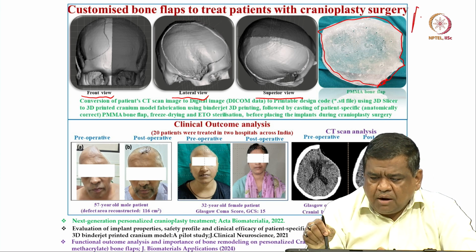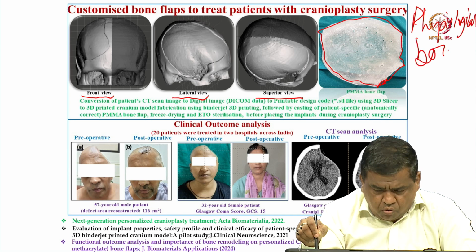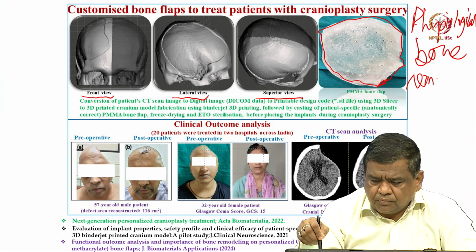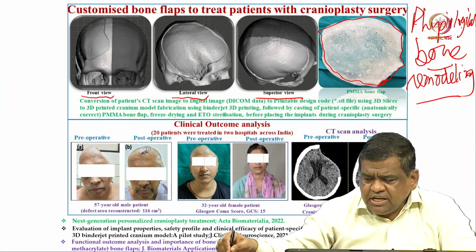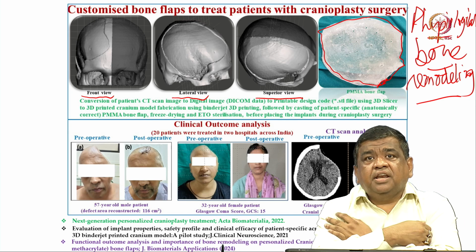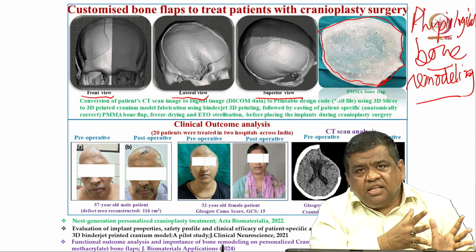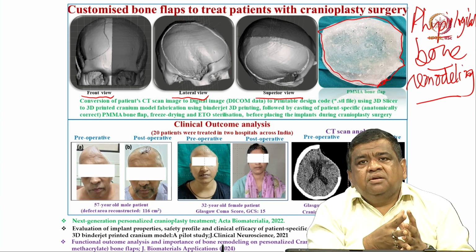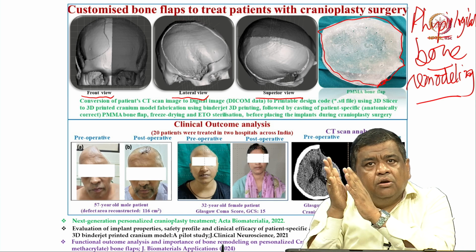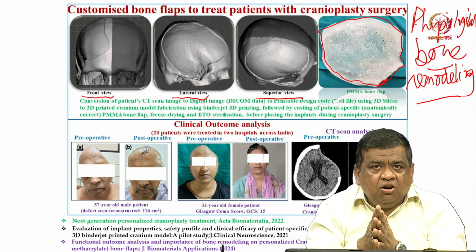I use the term physiological bone remodeling. When this physiological bone remodeling takes place, the defect size does not remain the same between immediately post decompressive craniectomy and the pre-cranioplasty operation.